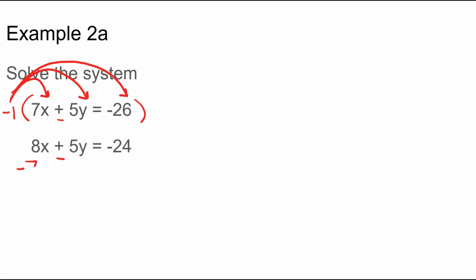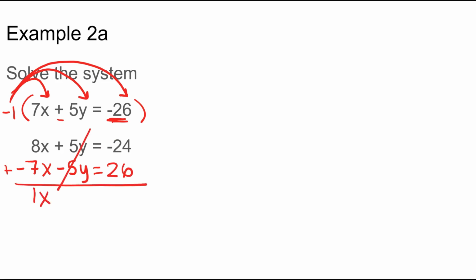So that's going to give us -7x minus 5y is equal to, and so we're multiplying it by this negative 26, that's going to give us positive 26. So 8x minus 7x gives us 1x, 5 minus 5 eliminates, and here we're left with negative 24 plus 26 gives us 2. x is equal to 2.